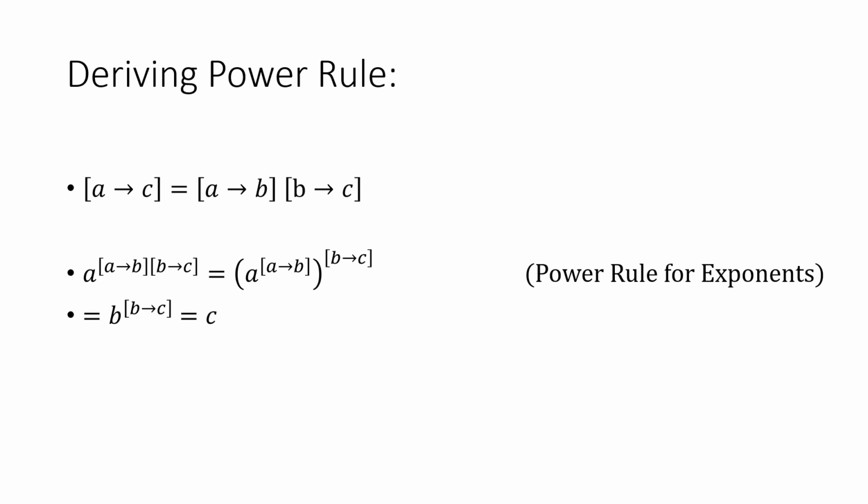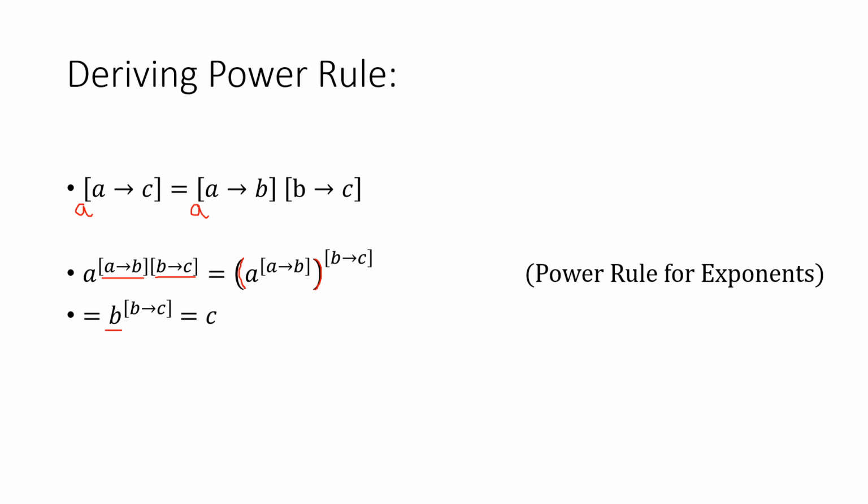Well, we can now take the exponent of both sides. So, a to the power of log_a b times log_b c, by using the power rule for exponents, we can put a bracket here. And notice this bracket inside, by definition of logarithm, simplifies to b.